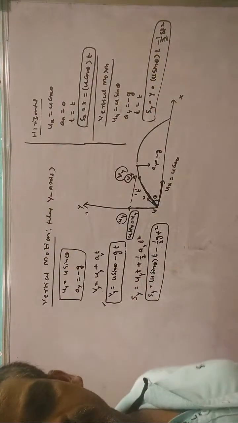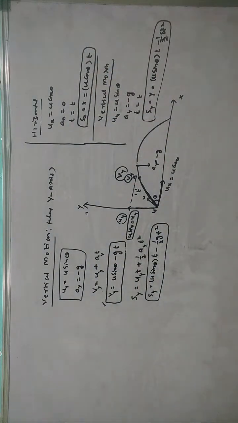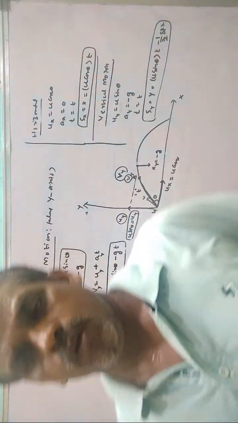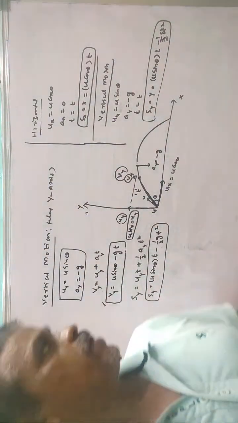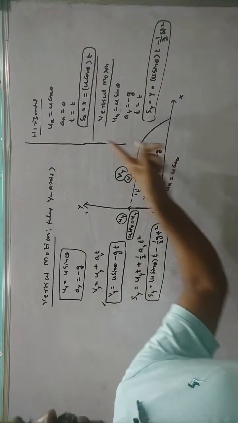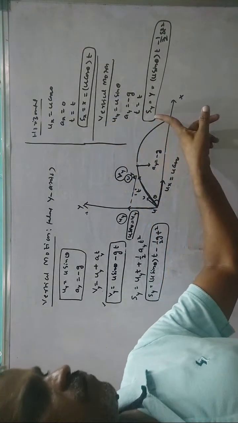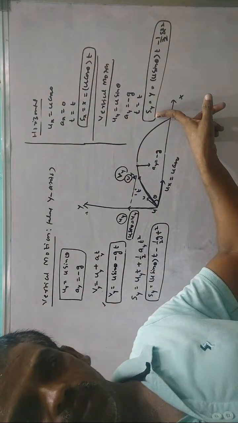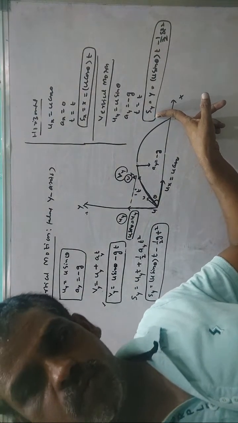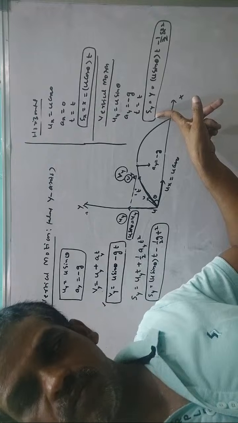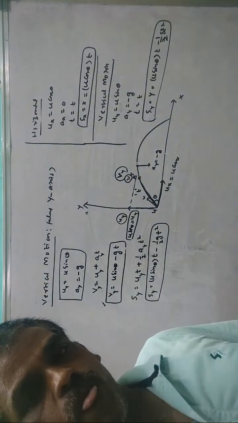So we just copy it first. Is it okay now? We calculated horizontal displacement, we calculated vertical displacement. Is it visible? Okay, then you copy it first.